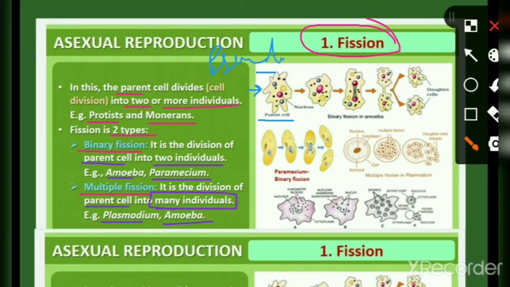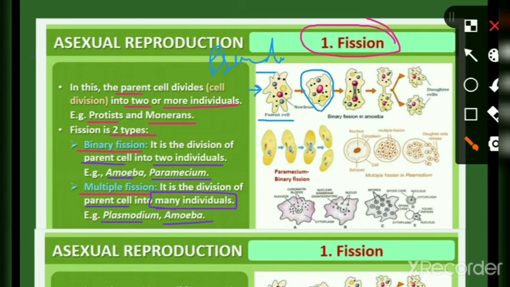Pseudopodia are considered false feet in amoeba because they help in the movement of amoeba. So the parent cell, before going into fission, loses its pseudopodia and becomes roughly round in structure.